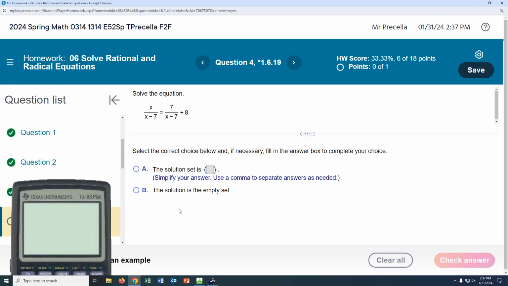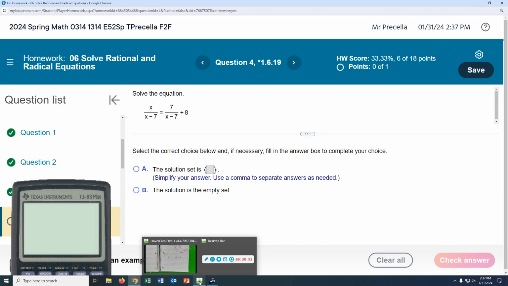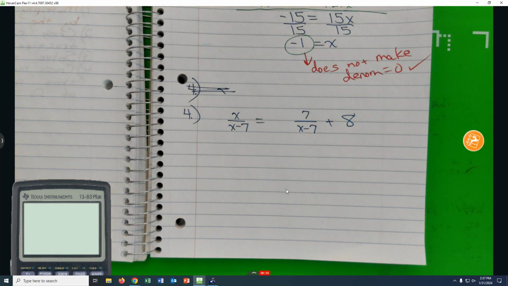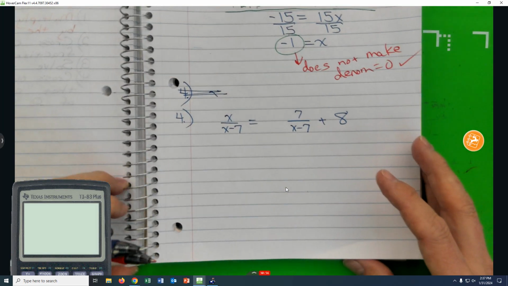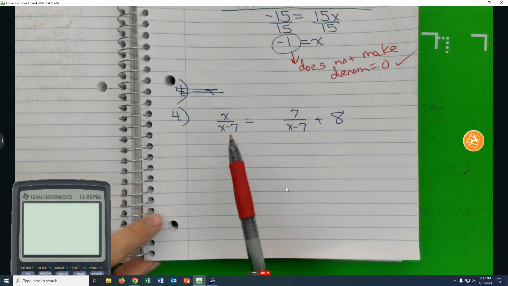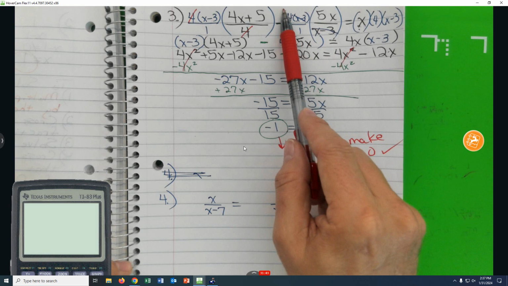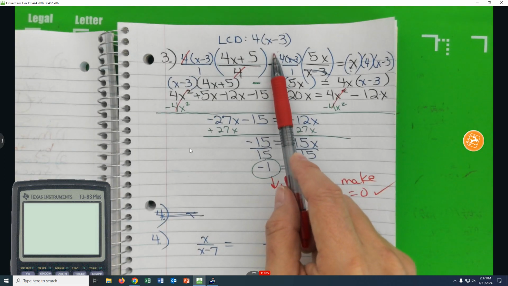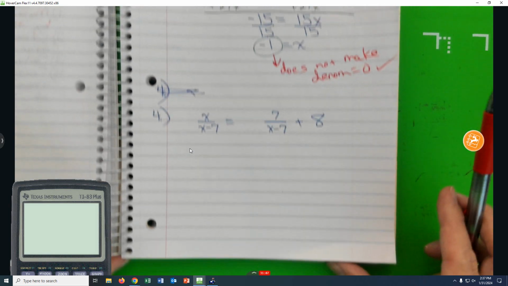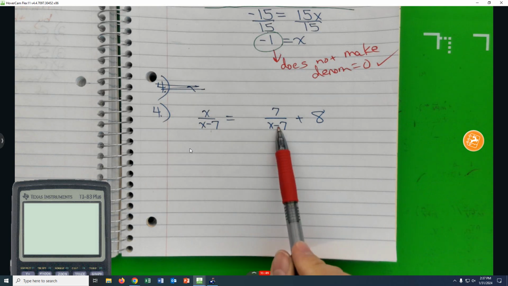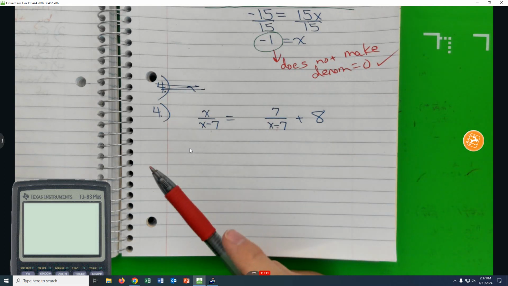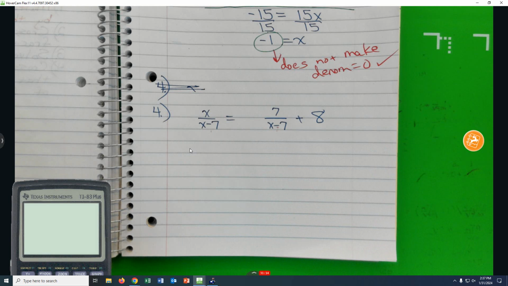If you just multiply straight through by x minus 7. So on this one, what we're showing is if you have the exact same denominator in the fractions, that's the thing you're going to multiply straight through by. We said if we have multiple denominators that can't be factored, the least common denominator is the product of those denominators. If you have exactly the same denominator, then the least common denominator is that denominator.